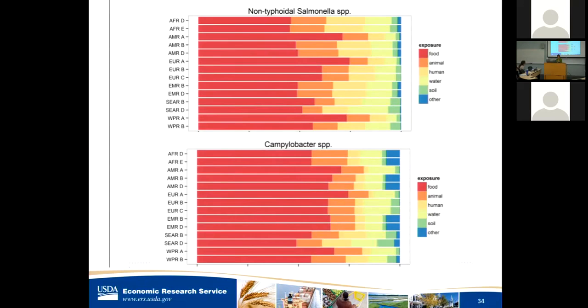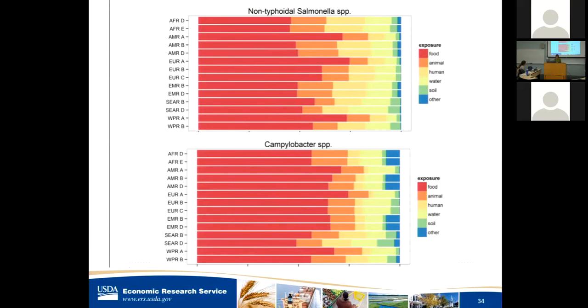And these are mean estimates, but we also have uncertainty. We have the full distribution for each of these, but this is just to give you a sense of the aggregate. Part of what this is showing is some regional variation in the roles of different major exposure pathways across regions in the world.